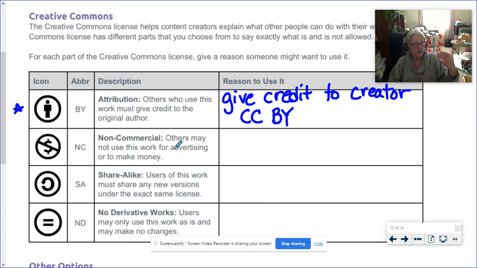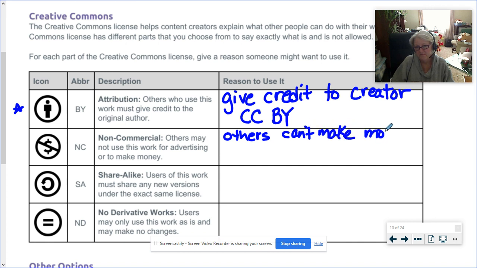If you have a cool picture or design, I can't put it on a t-shirt and sell it and make money if you have this on it. Others can't make money from your work.